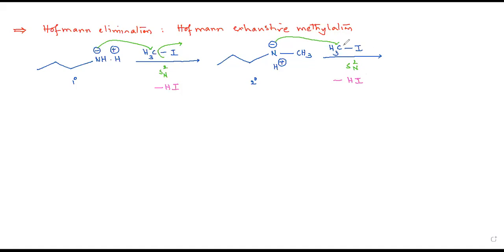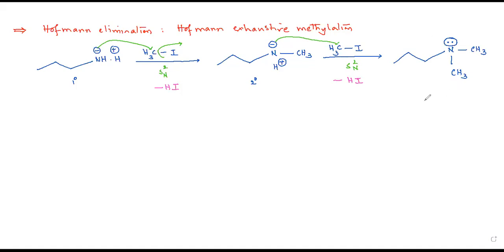So here you get a tertiary amine, N, then CH3, another CH3. We got two methyl groups connected, and also a lone pair is available at nitrogen.